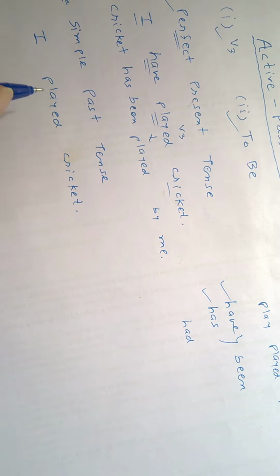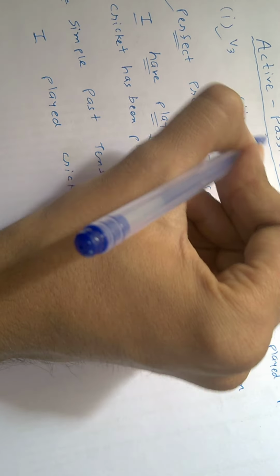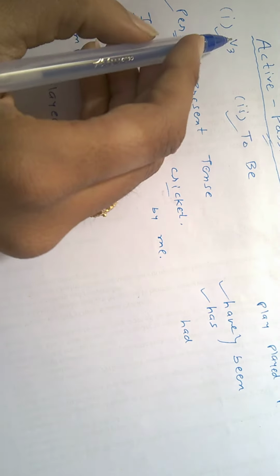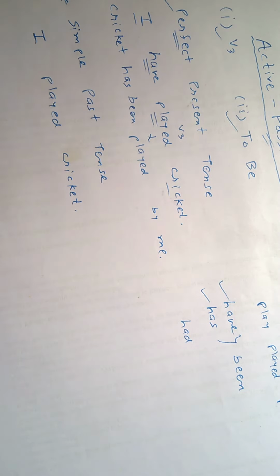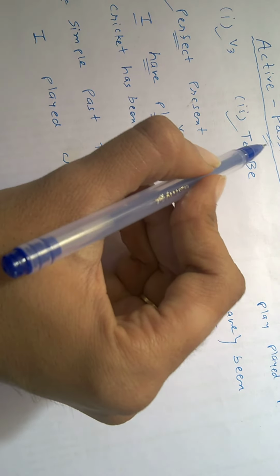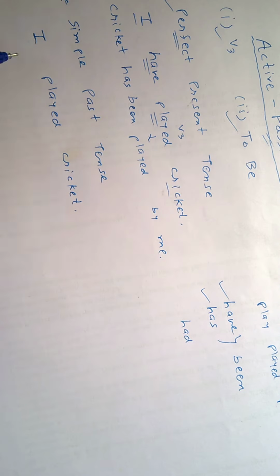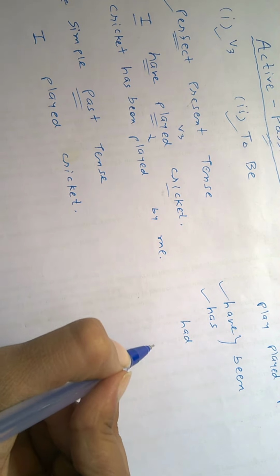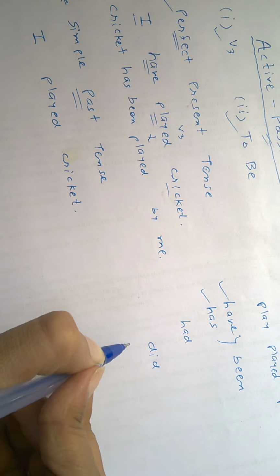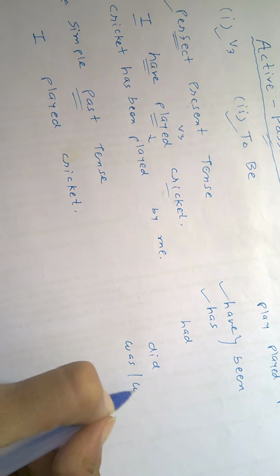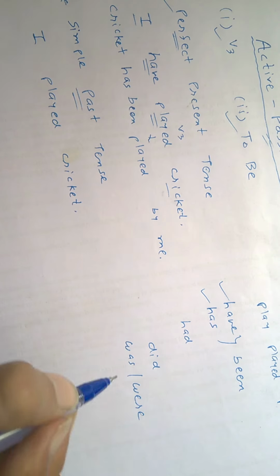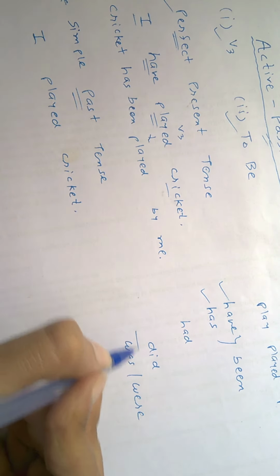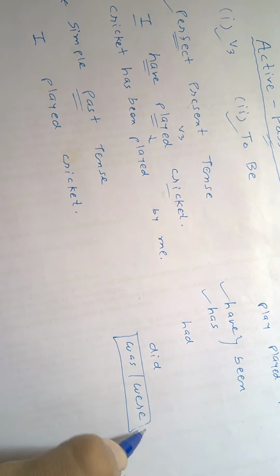So you might forget about to be also in our passive voice. So this technique will make you remember that we have to use to be in the passive voice. Now for past tense we know there are did, then was, were. So here in past tense we will use was or were.